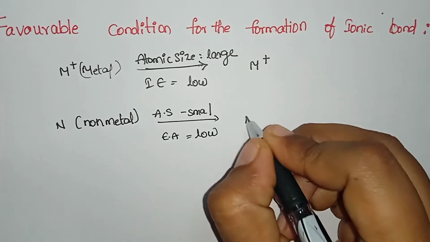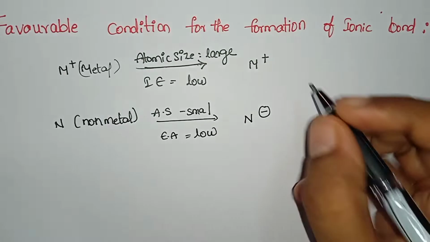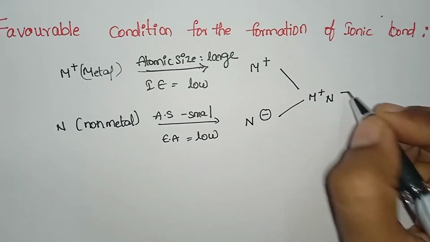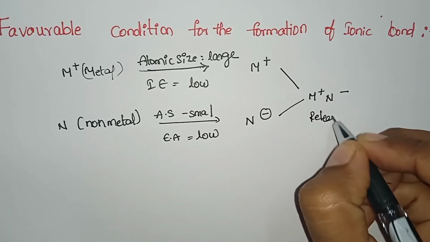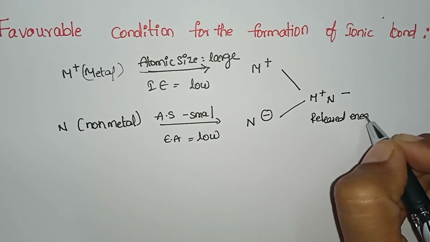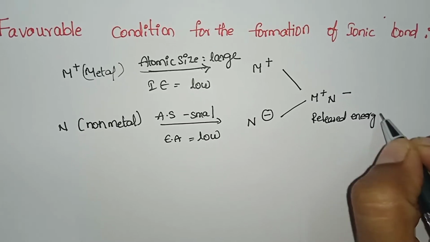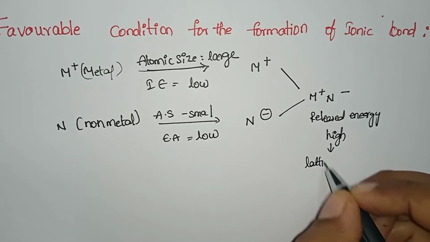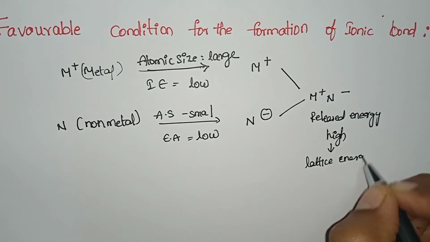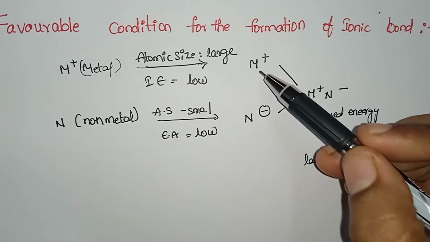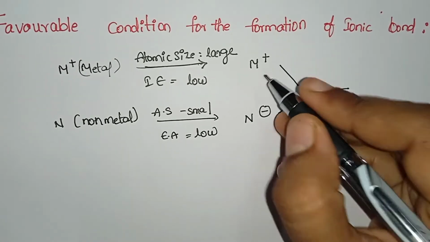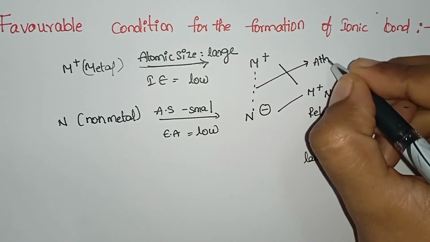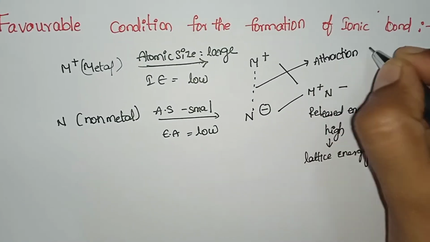So it forms M plus N minus, the energy released is high, so lattice energy is also high, and this M plus N minus attraction is strong.